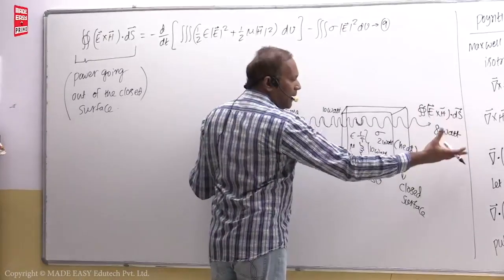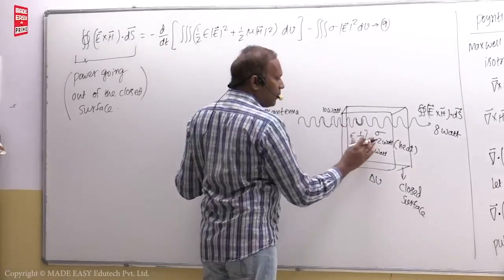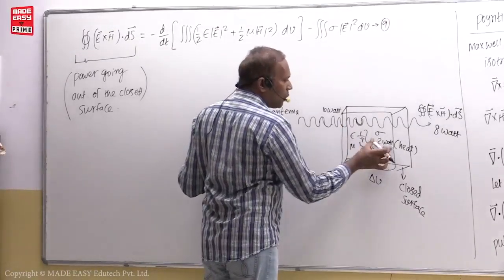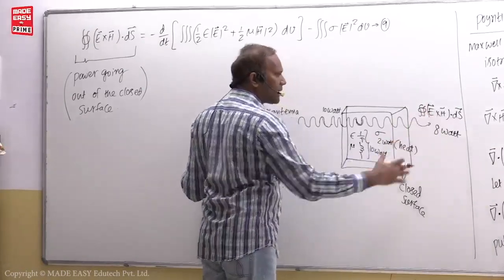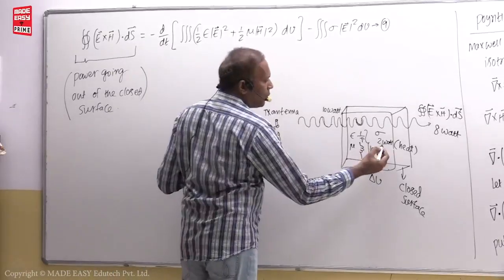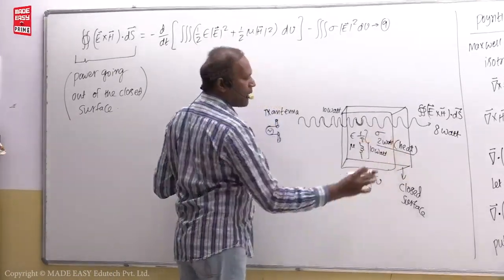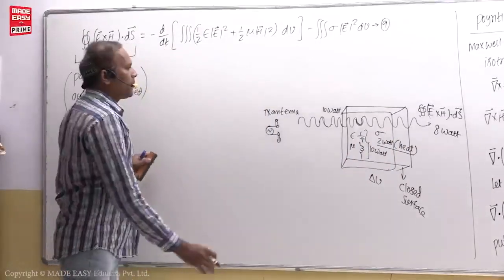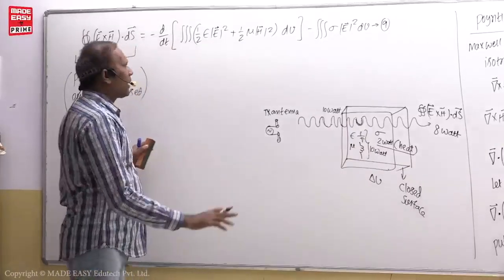That is why this 2 watts is called ohmic power loss. This you need not explain anywhere in the derivation. Simply you have to write that.